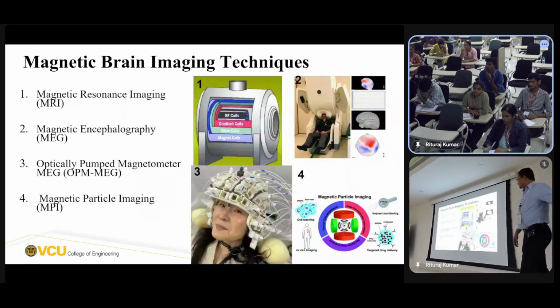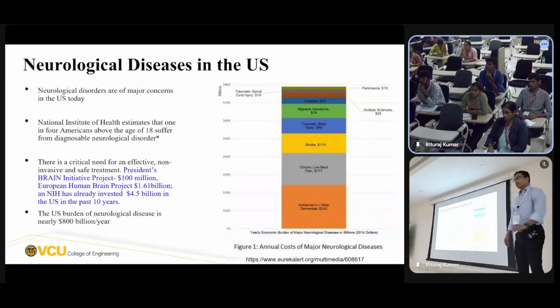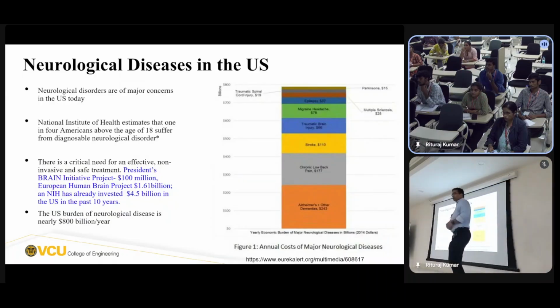Okay, so how do you think we image the brain? For legs and bones we use X-ray, right?